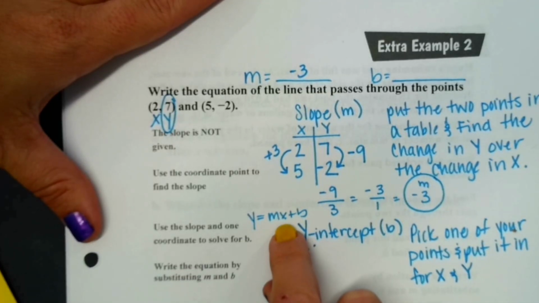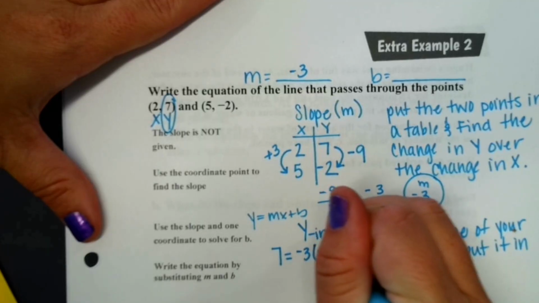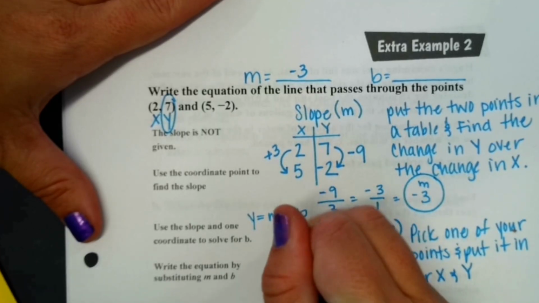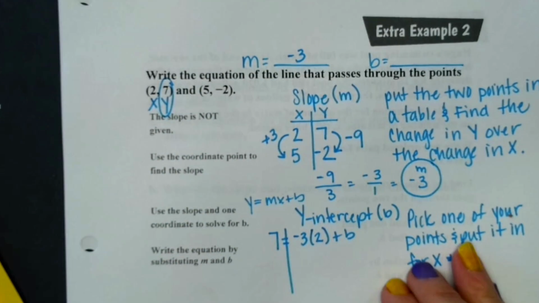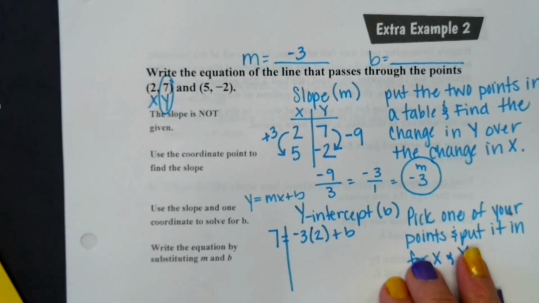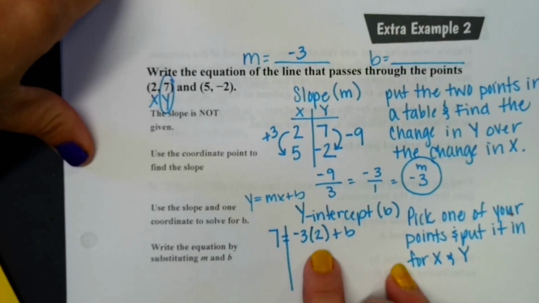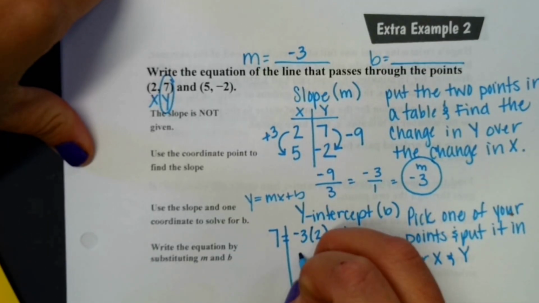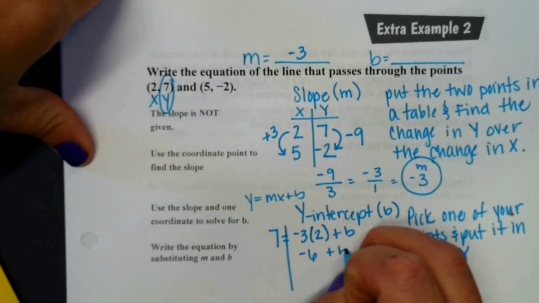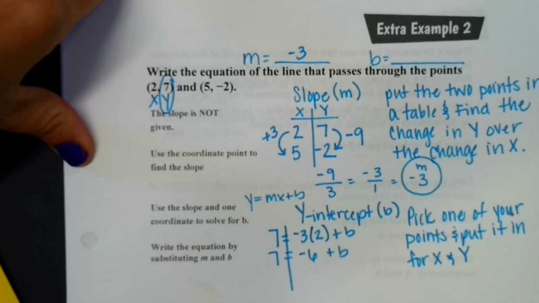Do I know my x? 2. And I'm using this all to find my b. So now I'm just going to solve. What's -3 times 2? -6 plus b. How would I get rid of that -6? Very good. So what does b really equal?